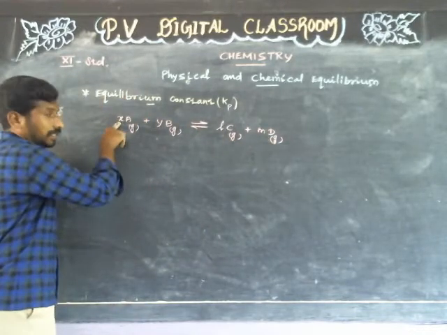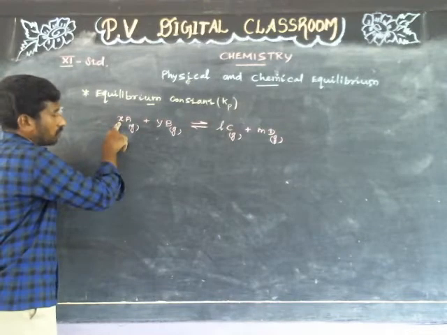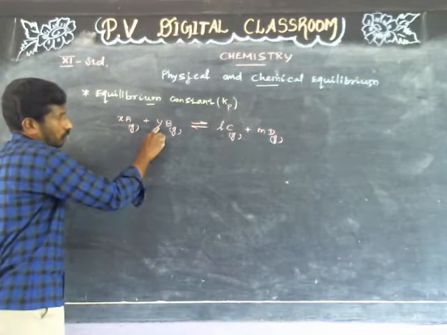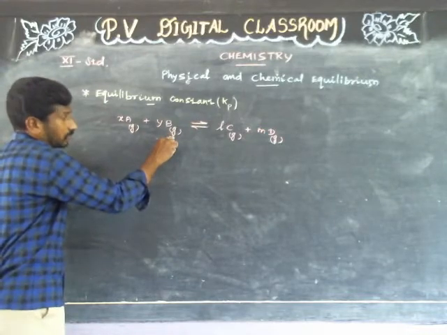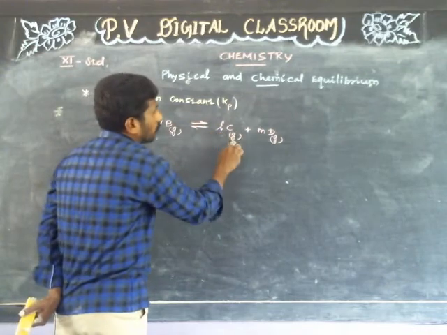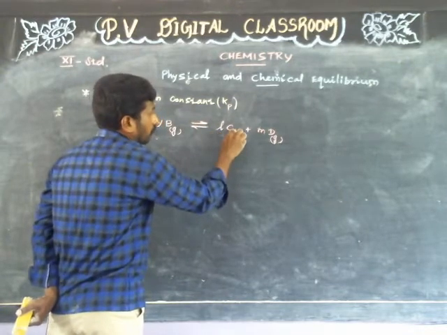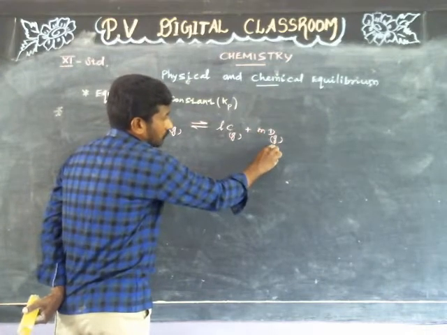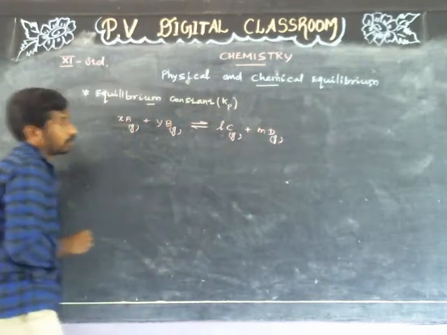Here X is the stoichiometric coefficient of gaseous reactant A, Y is the stoichiometric coefficient of gaseous reactant B, L is the stoichiometric coefficient of gaseous product C, and M is the stoichiometric coefficient of gaseous product D.